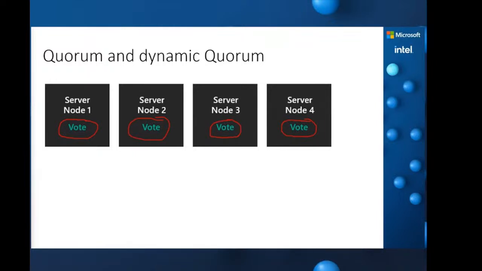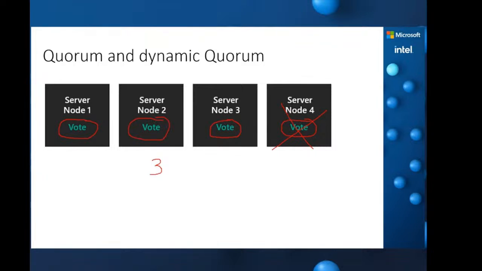Now, when we think about these 4 nodes here, if one node would fail, it's easy to get the majority because this node that failed had 1 vote. And so the remaining nodes have 3 votes, and 3 is the majority in a set of 4 votes.